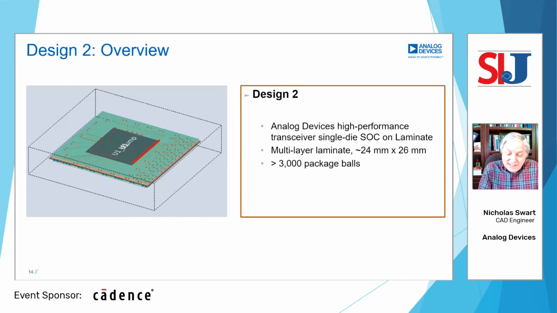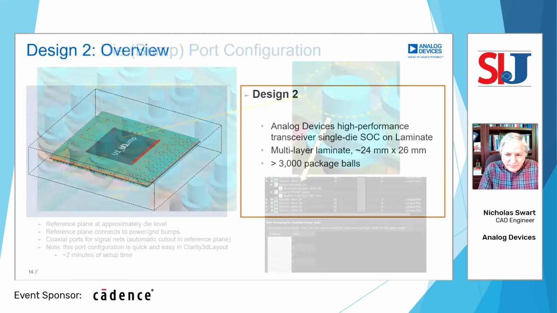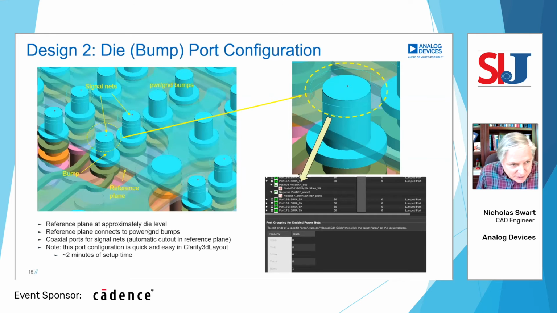But we wanted to see whether Clarity could do this. Okay, so just briefly again on the simulation setup. For the ports on the die side, we put in an ideal ground plane and then put what are called coaxial ports, where the ground plane gets cut open and then the port for the signal nets, or the signal bumps, let me say, go from the bump to the perimeter of that cutout on the ideal ground plane.